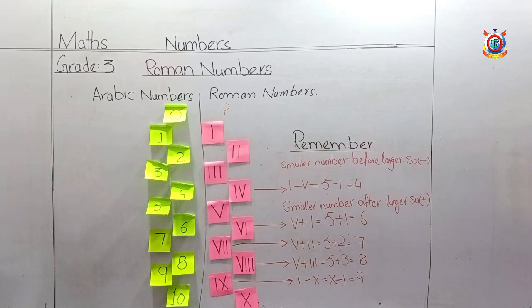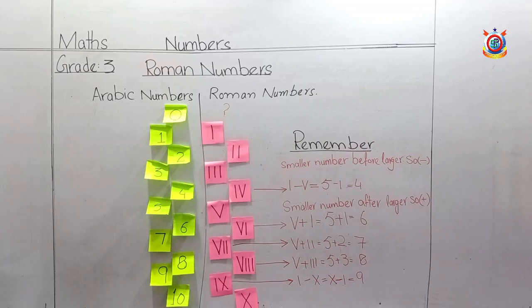Look at 6. When a smaller number comes after a larger number, the addition rule will apply. Look at 5 plus 1. 5 plus 1 is equal to 6.